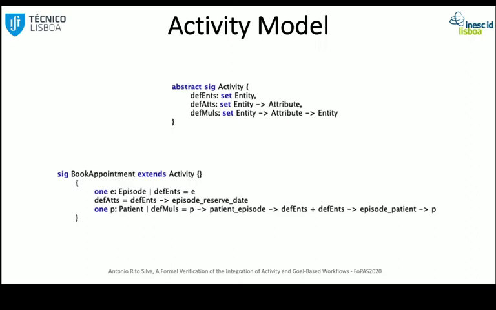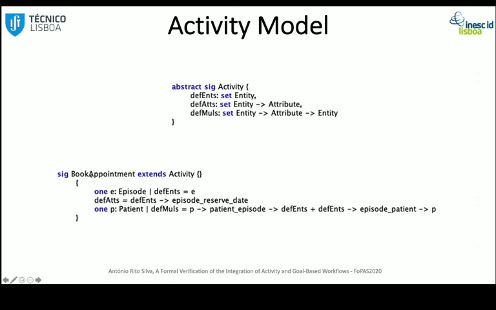Okay. So to do that, we need to define what is our activity model. And so an activity actually is an entity where you define a set of entities, a set of attributes, and a set of relations between entities. Okay? And for instance, in this case, this is the generic part.